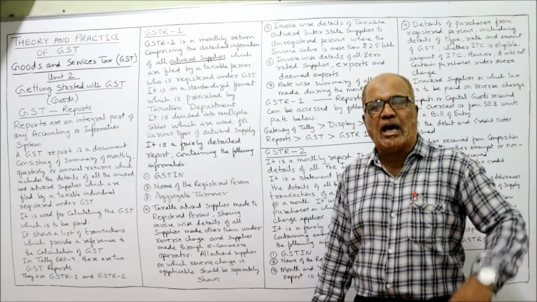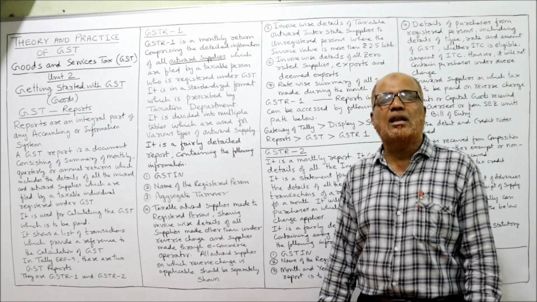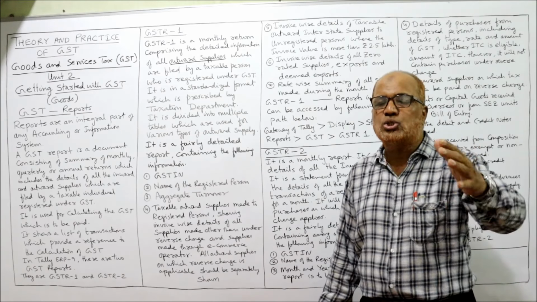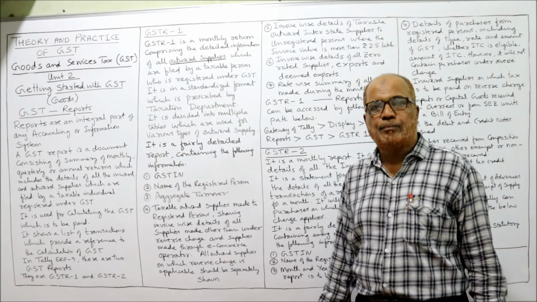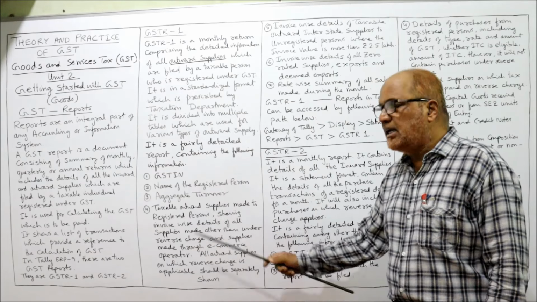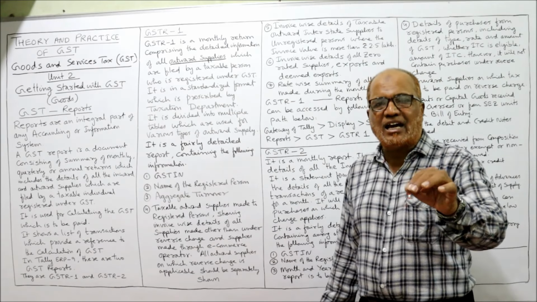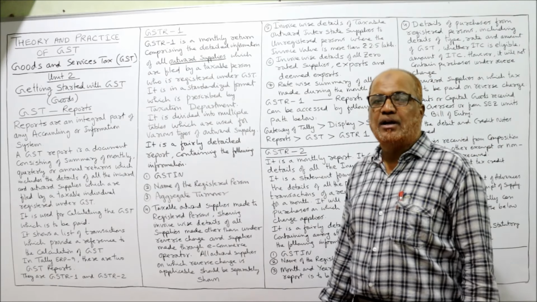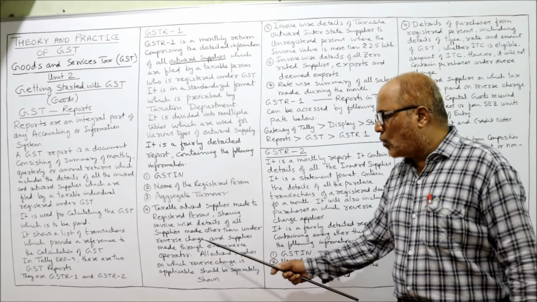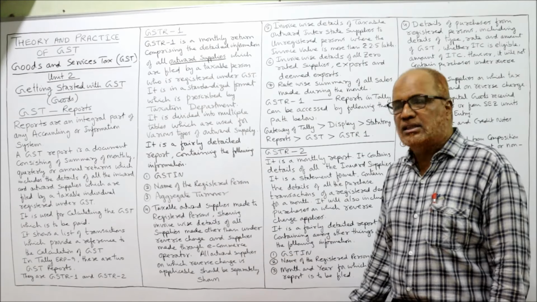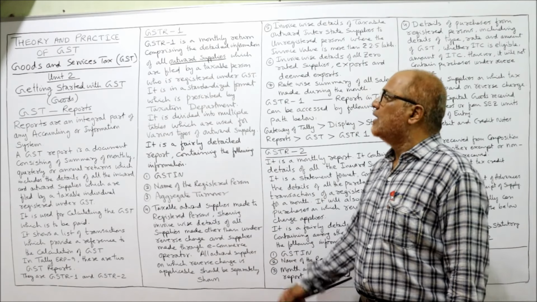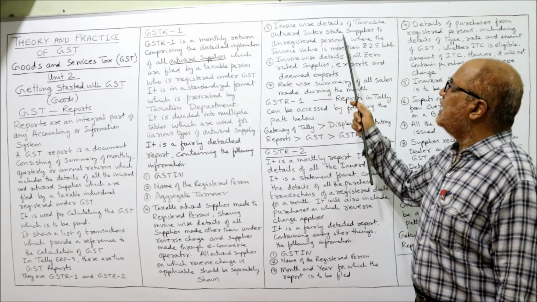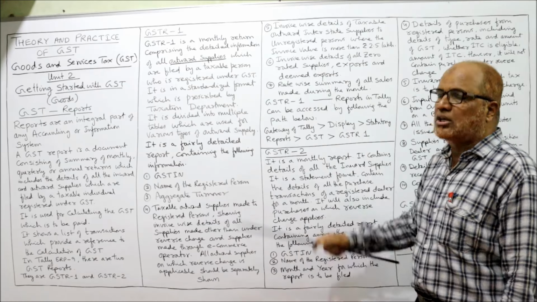Already I have explained in the previous videos regarding reverse charge. So invoices on reverse charge should be separately shown. And here we have to show the detail of all the taxable outward supplies made to registered persons, giving the invoice-wise details. This is the fourth information. Then the fifth one is invoice-wise details of taxable outward interstate supplies to unregistered persons.